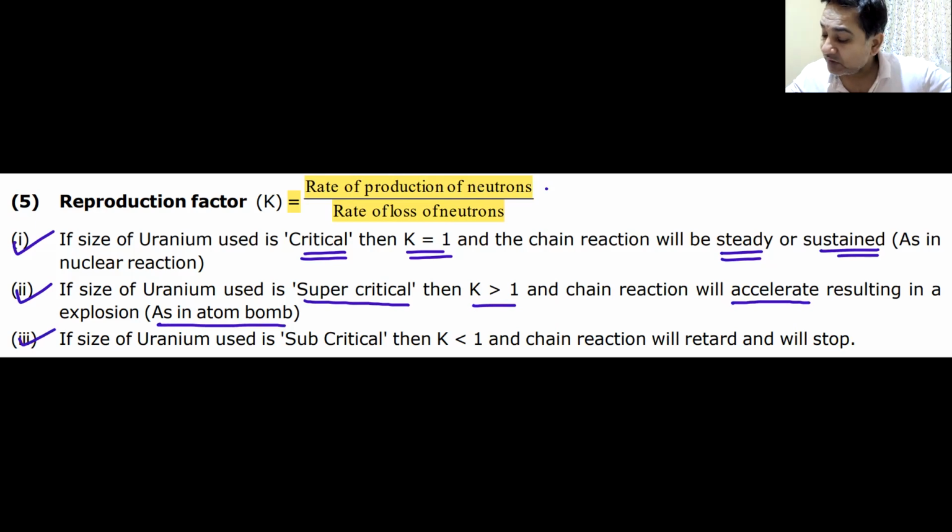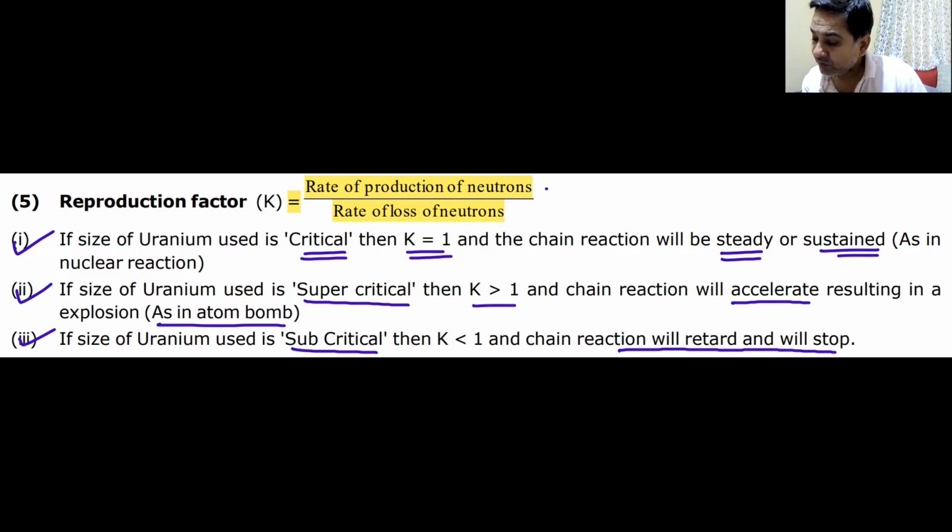If the size of the uranium is subcritical, nothing happens. The chain reaction will retard and will stop. Do we understand this? So how important is this critical size? We need critical size of uranium U-235. Then only we'll have a nuclear reactor. Else we have either an atom bomb or a failed nuclear reactor.